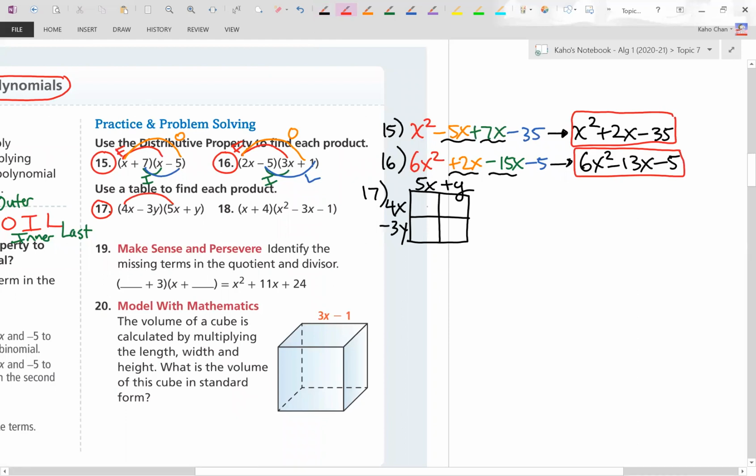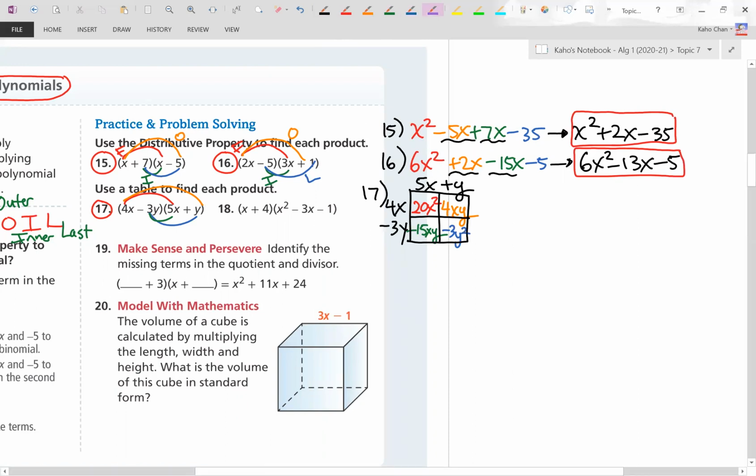4x times 5x is 20x squared. Great. Outer terms, 4x times y is 4xy. Interesting. Inner terms are next. -3y times 5x is -15xy. And then last terms we have -3y times y is -3y squared.